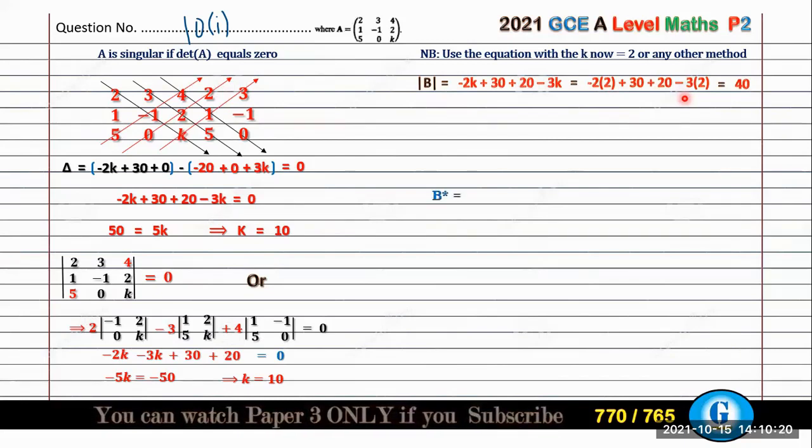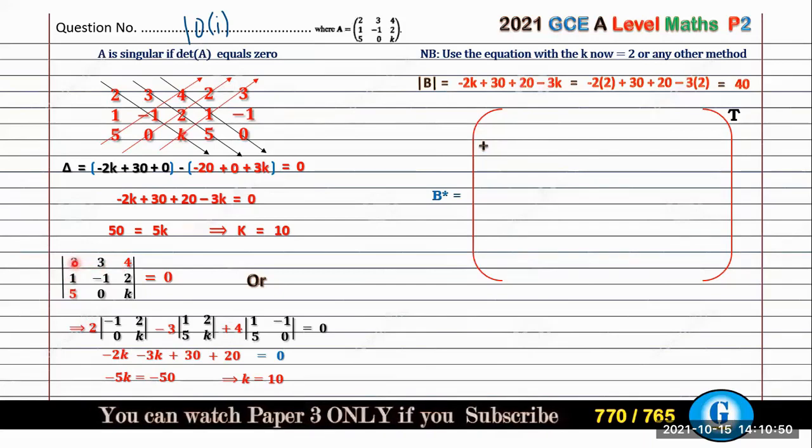So the adjoint B star is given by the transpose matrix of cofactors. We are going to come to this matrix that we have and get the cofactors, using the method of cofactors here. The first cofactor is going to be positive. It is obtained by suppressing the row and column where this entry is found.